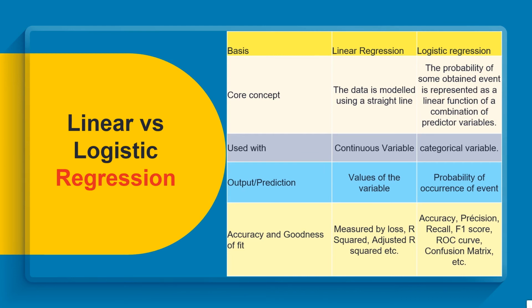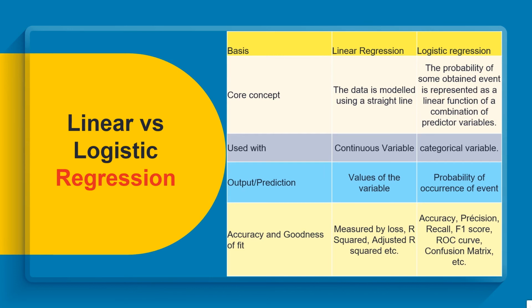Linear regression is used with continuous variables. On the other hand, logistic regression is used with categorical variables. The output or prediction of a linear regression is the value of a variable. On the other hand, the output of a logistic regression is the probability of occurrence of the event. Now, how will you check the accuracy and goodness of it?